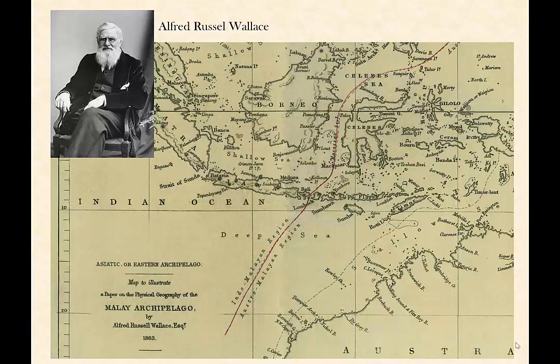And in particular, his most famous discovery was something called the Wallace line, this line drawn on this map, which is a major biological division between species. You have Australasian species on this side of the line, you have Asiatic species on the other side. And it was this traveling around the area and seeing what species lived in particular places that led Alfred towards the theory of evolution, just like it did Darwin.